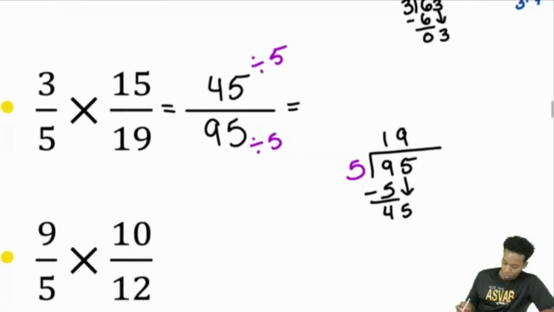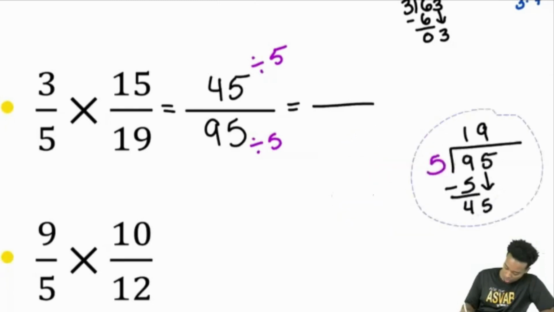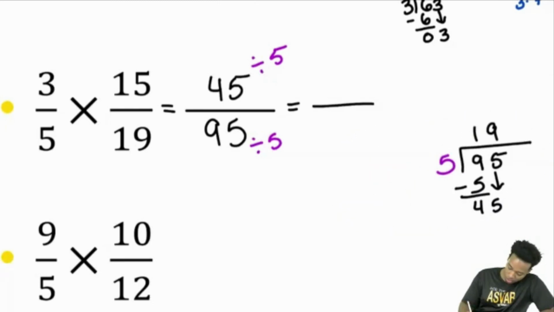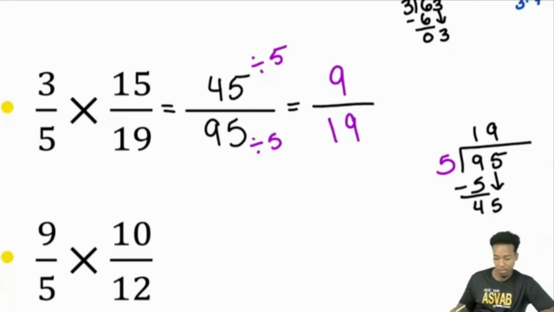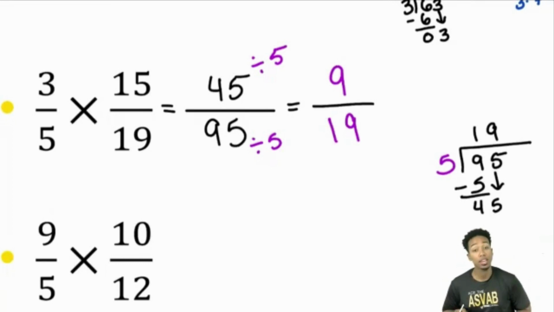Okay, great. So if I divide the 5 out from the top and the bottom, we end up getting 9 over 19. Cool. And that would be the answer.